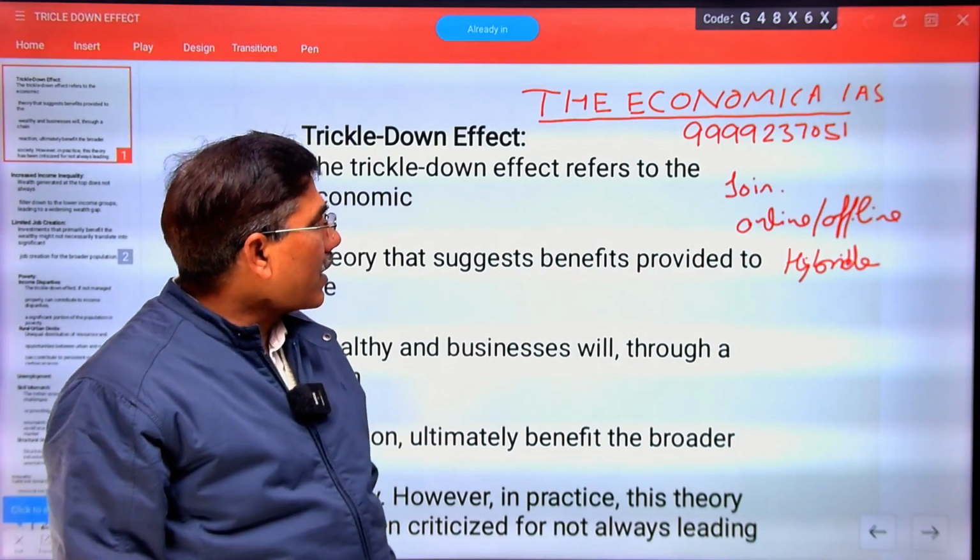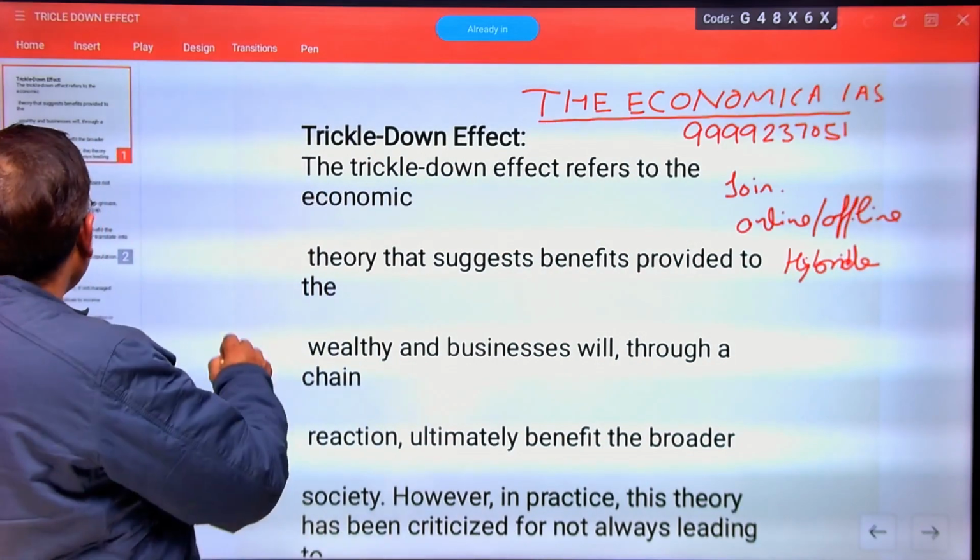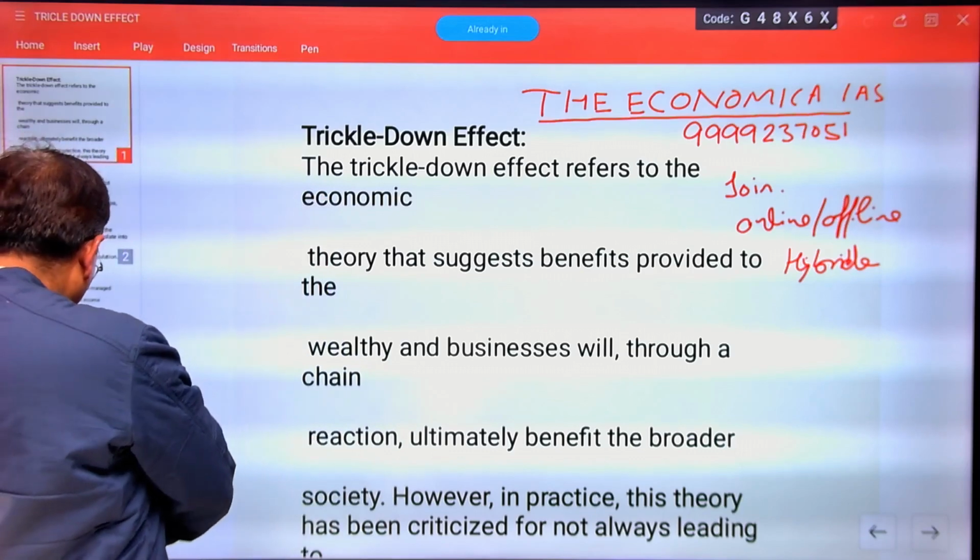First, I will discuss what the trickle down is and how it works in an economy.